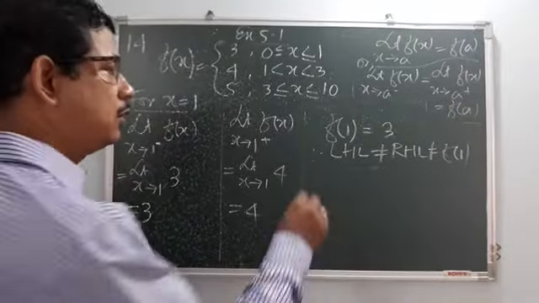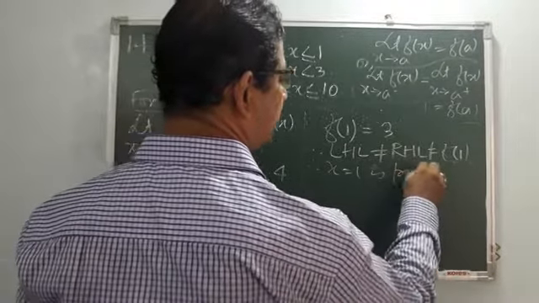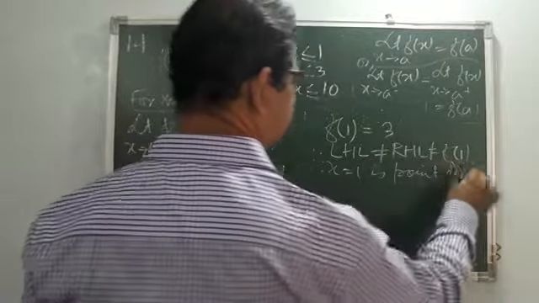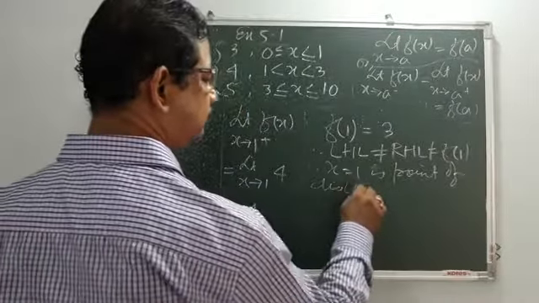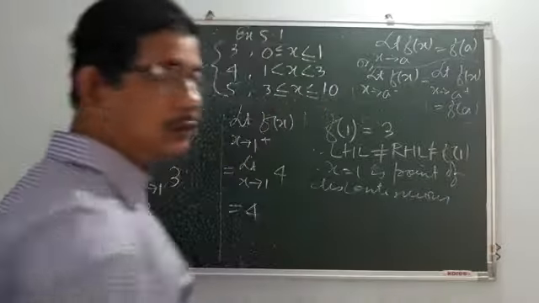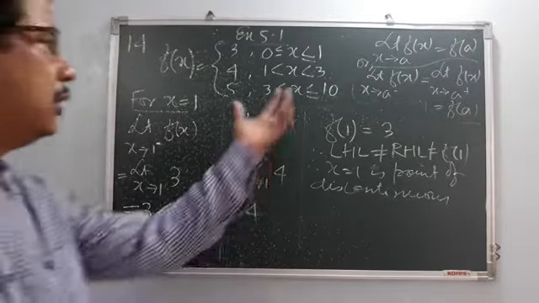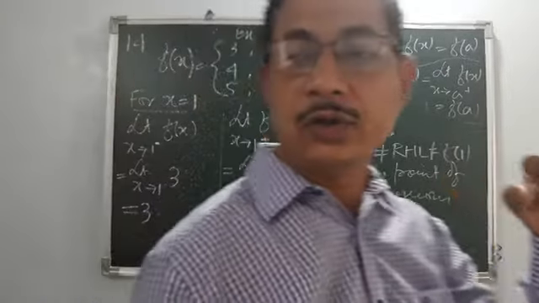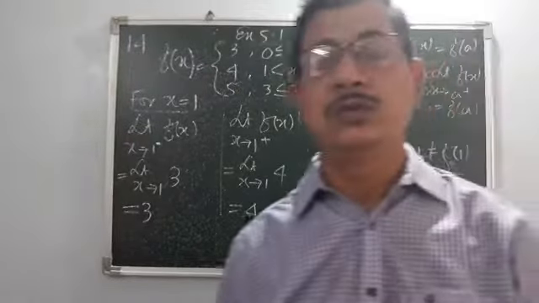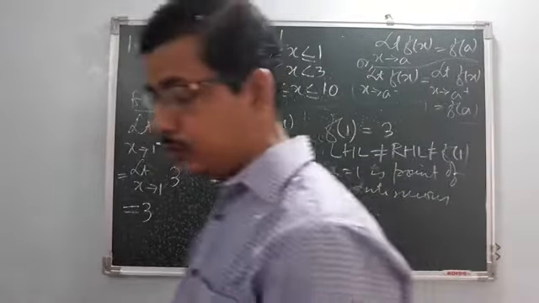Therefore x equal to 1 is a point of discontinuity. This is one part of the question we have done. Now we will do the second part, checking whether it is continuous at x equal to 3 or not. Similarly, we will check x equal to 3 also.